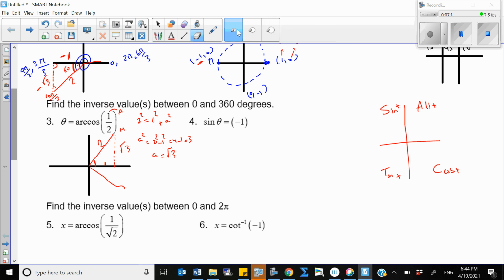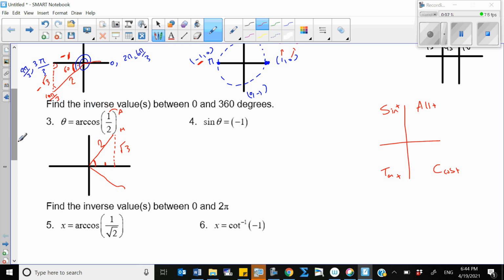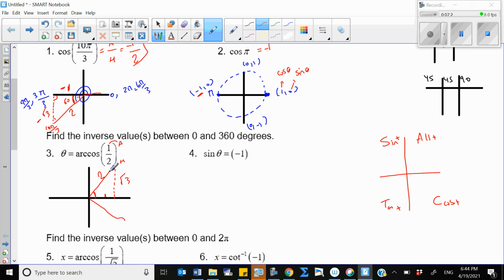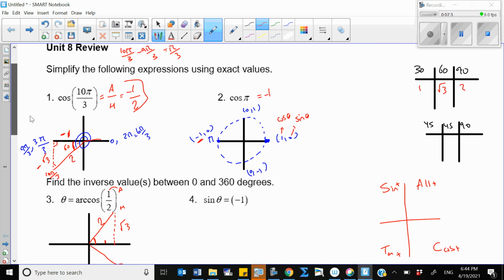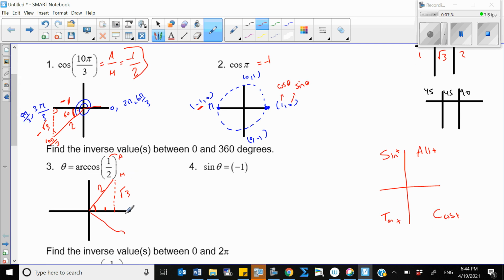Okay, let me erase these and make some space. Okay, now I see that I have a ratio of the sides of this triangle and they look familiar for us. We have the same ratios that we see here. So I know that I have a right triangle, which is a special right triangle of 30, 60, 90. Now, how do I put the angles here?